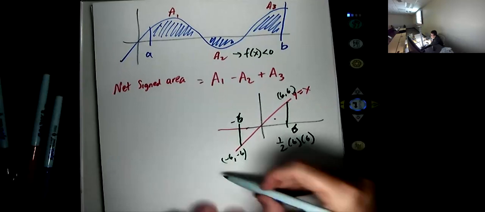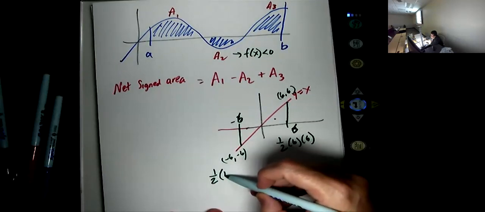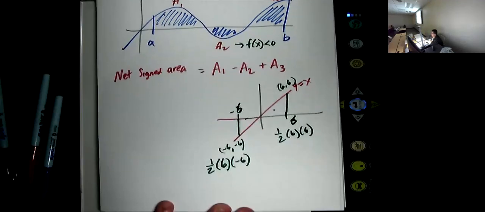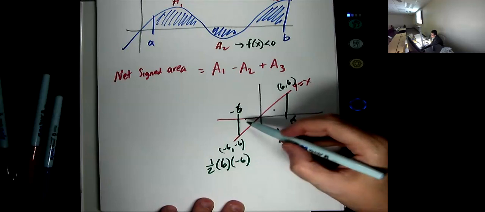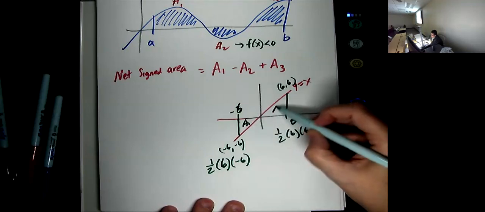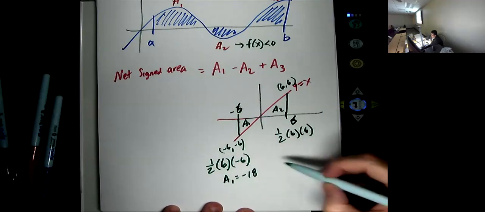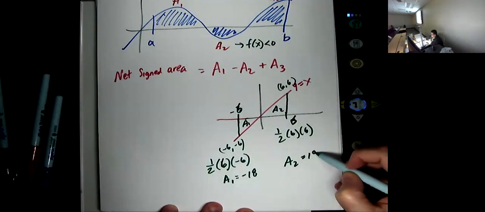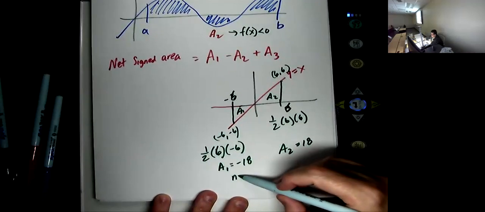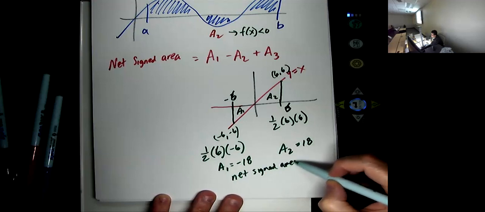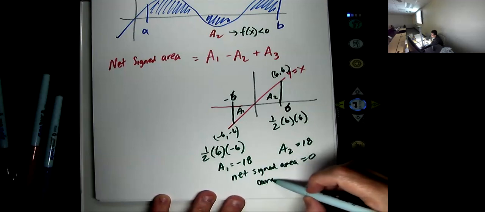But this region has 1/2 base of 6, but the height is -6 here. It's going down. So if this is A1 and this is A2, A1 is -18, A2 is +18, and the net signed area is 0. They cancel each other out.